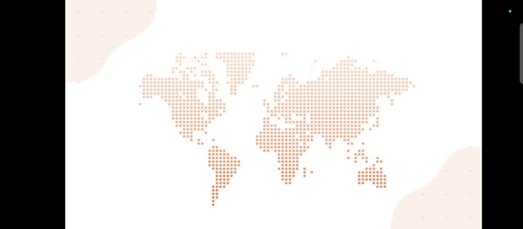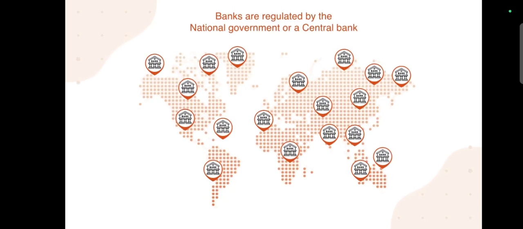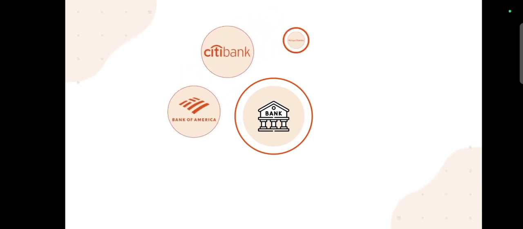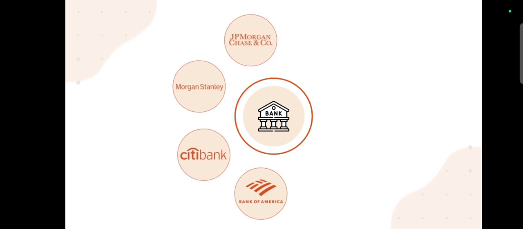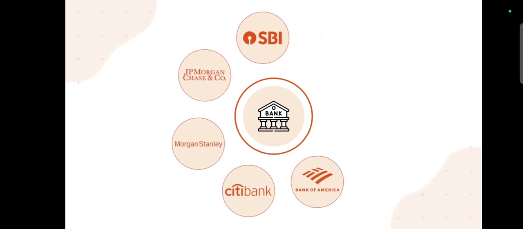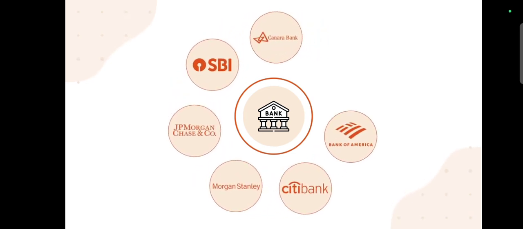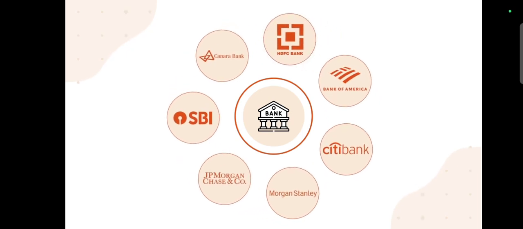In most countries, banks are regulated by the national government or a central bank. Examples of banks are Bank of America, Citibank, Morgan Stanley, JP Morgan Chase, State Bank of India, Canara Bank, and HDFC Bank.